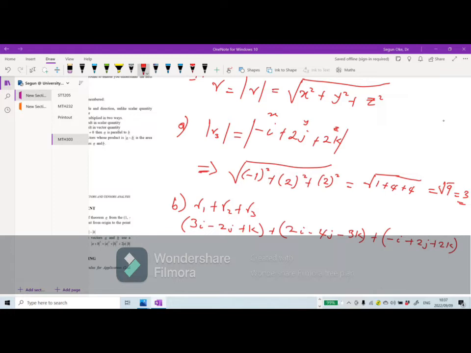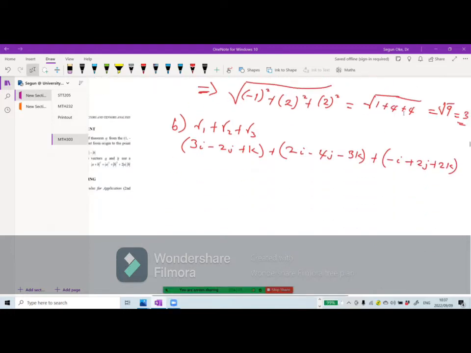Now, you have to be careful when you are solving something like this. You need to add component by component. Let the i component add to i, the j component add to j, and the k component add to k. Don't just add everything together; you must follow the component. If you check R1, you have 3i. You add 3i to another i component.